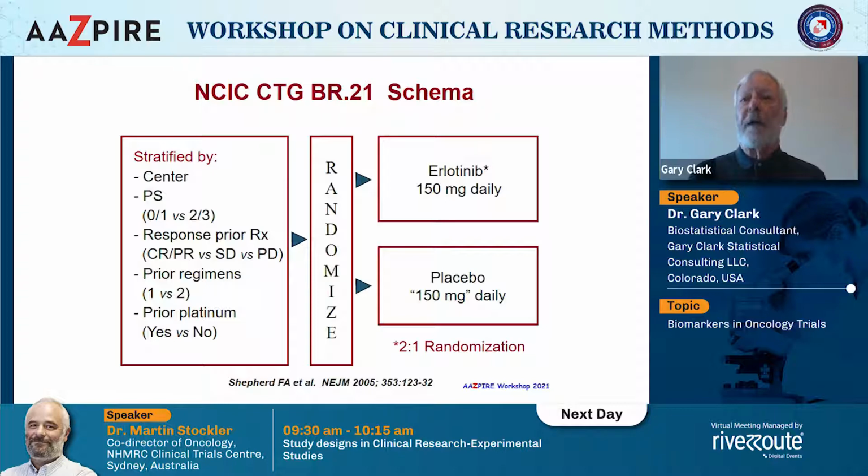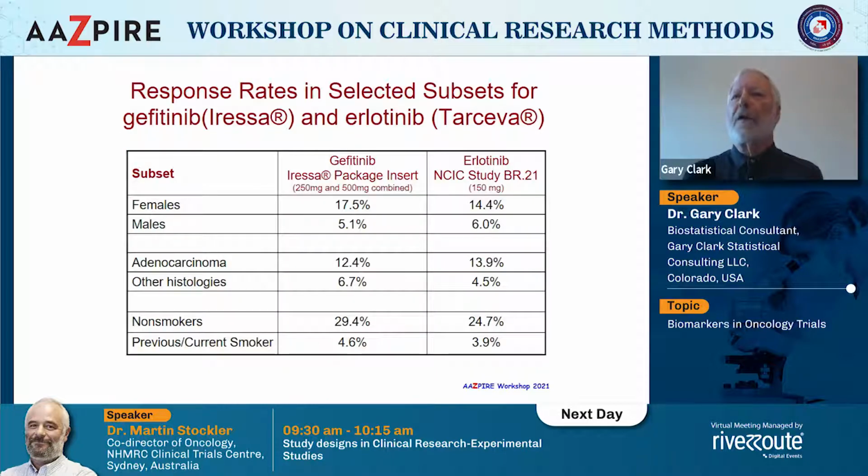They were stratified by study center, performance status, response to prior therapy, the number of prior regimens, and prior platinum, and they were randomized to either erlotinib or an identical placebo tablet in a 2-to-1 randomization. Again, note that prior regimens were 1 versus 2, which means this was 2nd or 3rd line therapy for these particular patients.